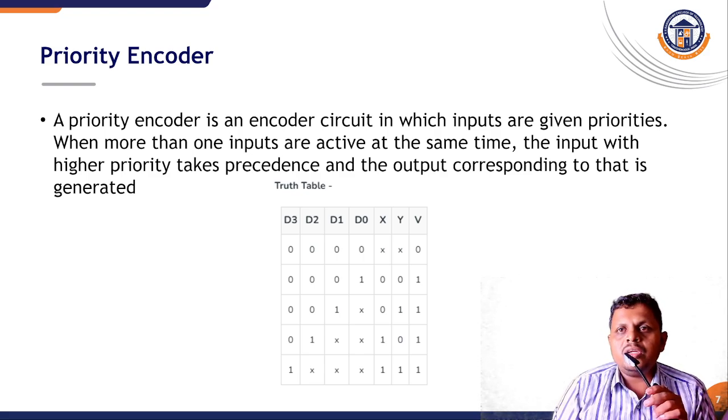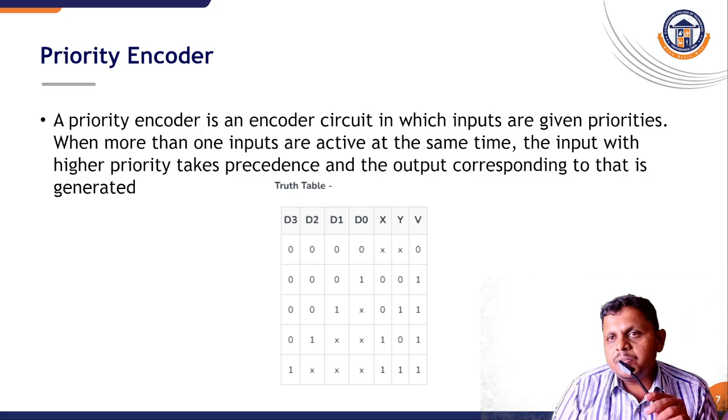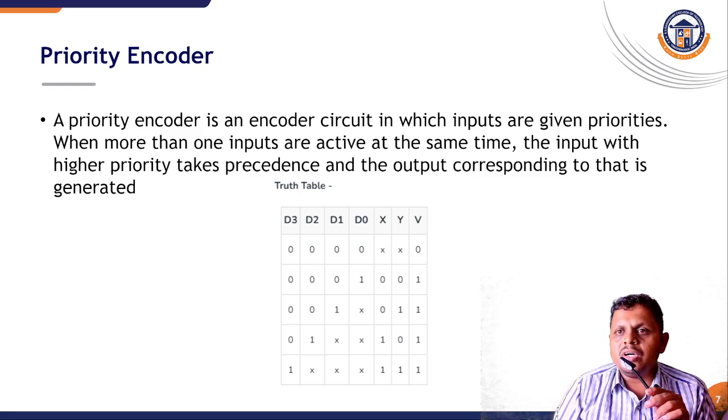So a priority encoder is an encoder circuit in which inputs are given priorities when more than one input is active at the same time. The input with higher priority takes precedence and the output corresponding to that is generated. For example, the d values are all 0, and x y are x x 0, and similarly the last one is 1, and the remaining are don't care.